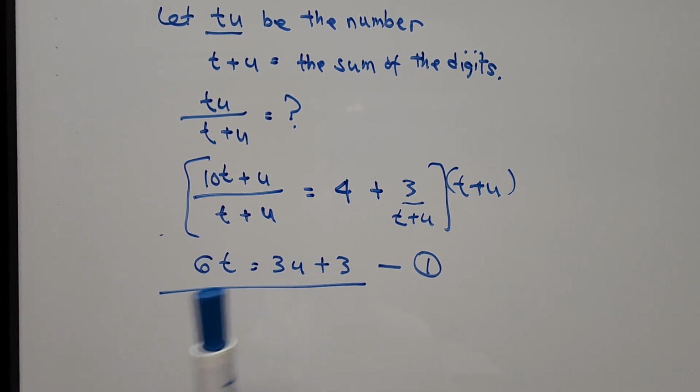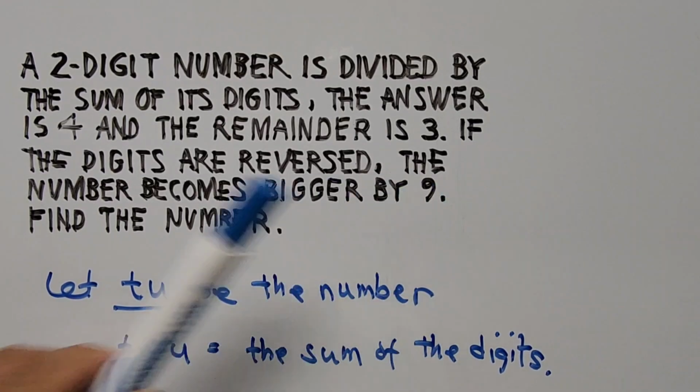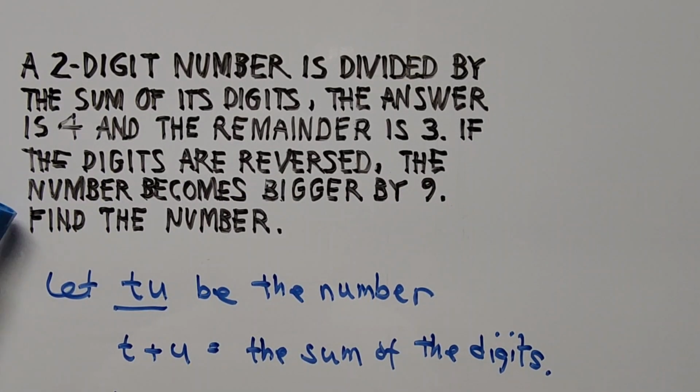So let's go back to our word problem to figure out what the second equation will be. All right, so it says here in the second sentence, if the digits are reversed, the number becomes bigger by 9. How do we write this as an equation?